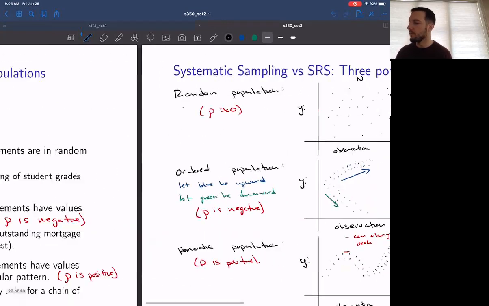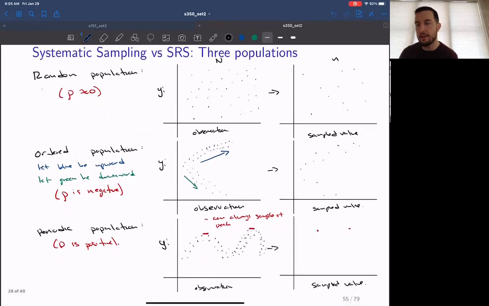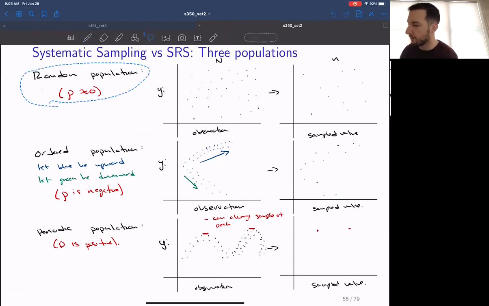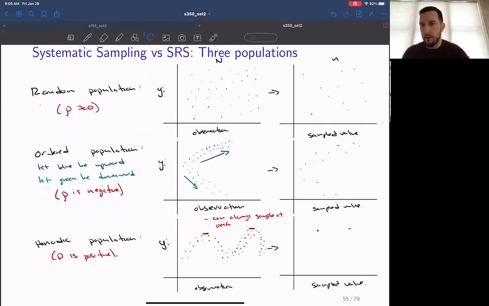All right. So on slide 55, we looked at different illustrations to try and emphasize this point. In the first row of plots, we have what would be the random population.